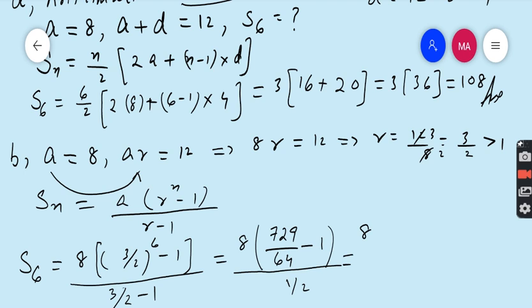Next, 8, taking the LCM of 64, it is 729 minus 64 upon 64, upon 1 upon 2.